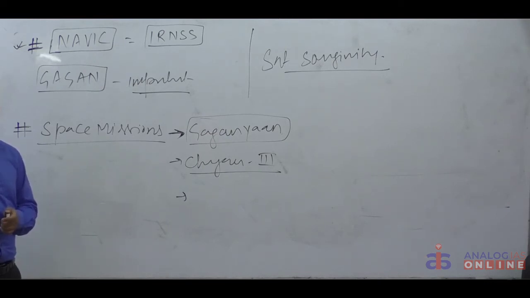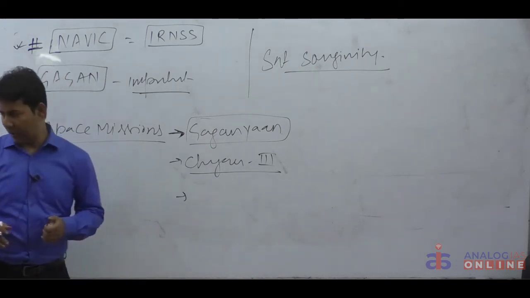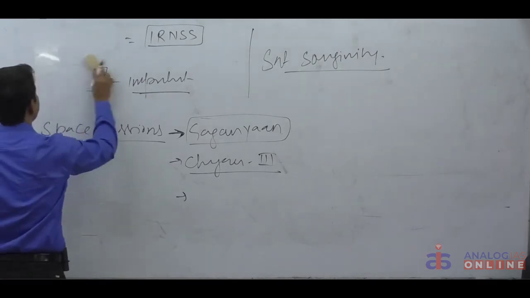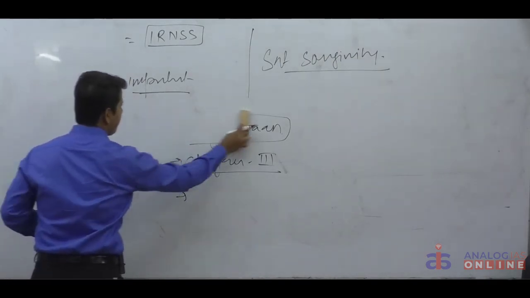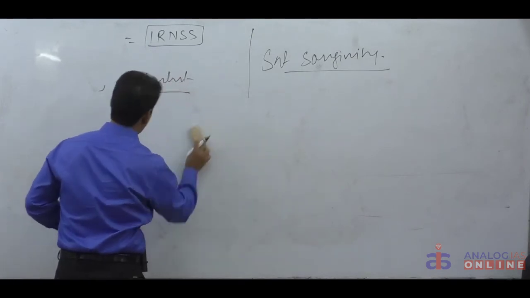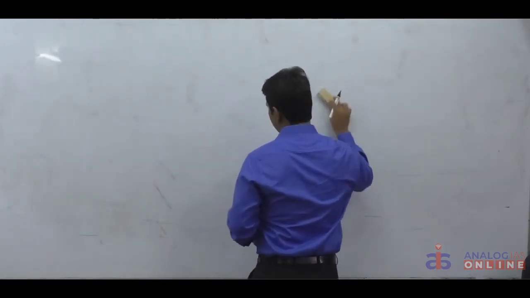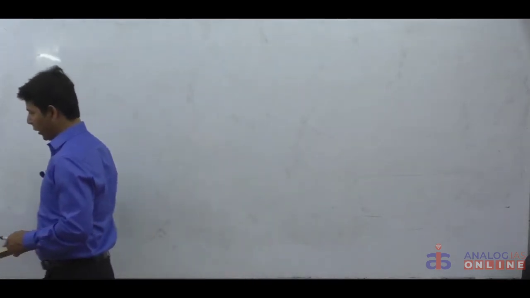The study of Venus will also tell you about the earlier structure of the Earth, when the Earth originated and was formed in the solar system. So that kind of thing you have to revise and cover. If you look carefully, almost everything related to current affairs is there in your notebook itself.